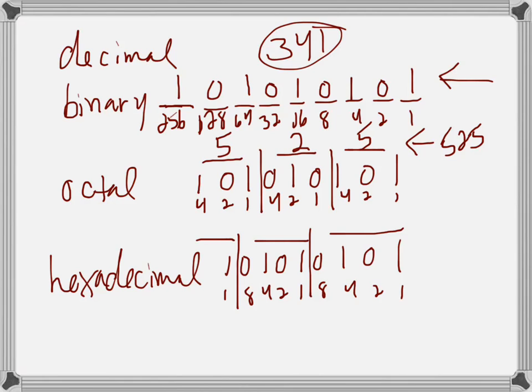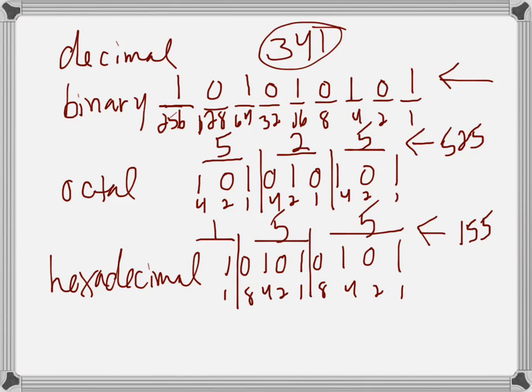And then hexadecimal, what do we got? We have a 1 and a 4 turned on, right? That's a 5. And here the 1 and the 4 are turned on, that's a 5. And here the 1's turned on, it's a 1. So in hexadecimal, it'd just be 155.